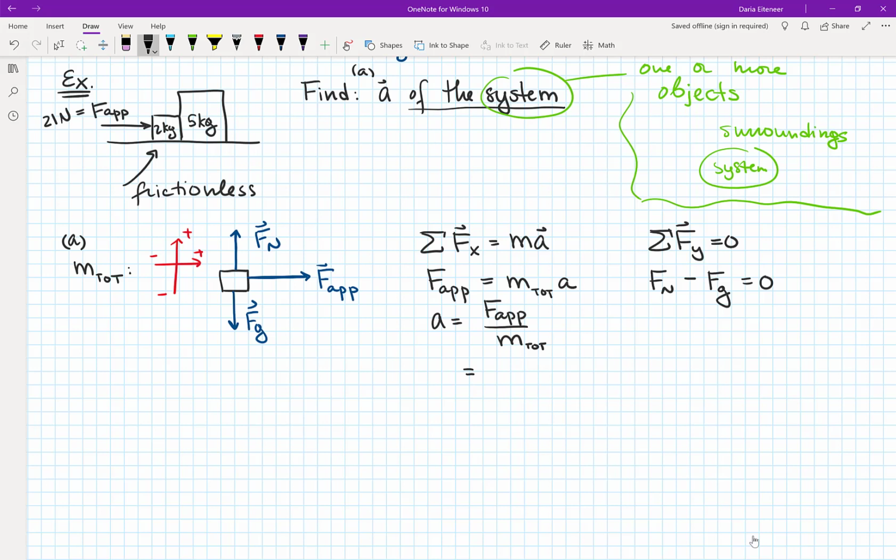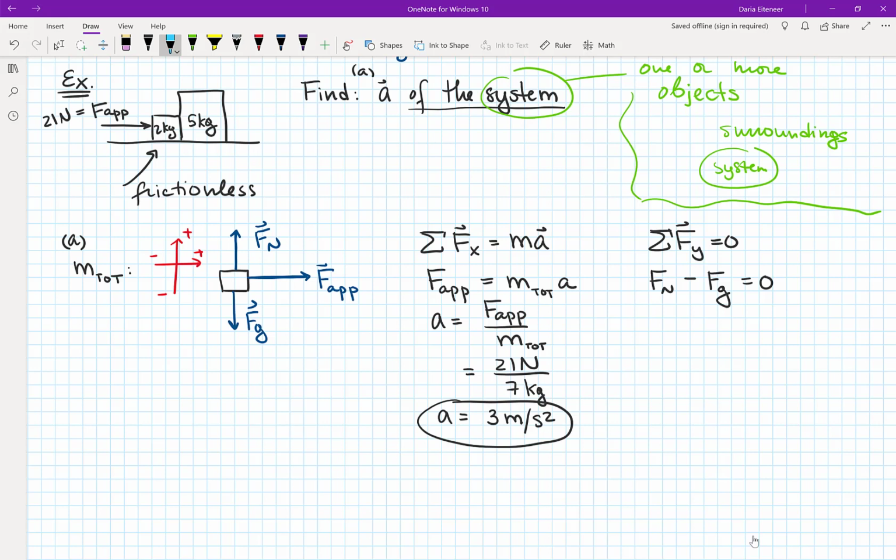We know what the applied force is, and we know the total mass of the system. Yes, I chose easy numbers on purpose. So acceleration here is 3 meters per second squared, and obviously it has to be to the right. So you can also go back to your free body diagram and say applied force is the only unbalanced force.